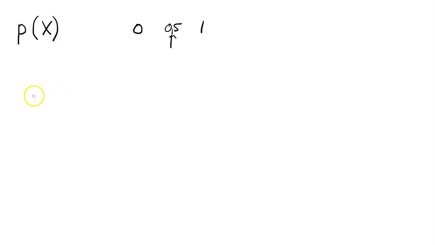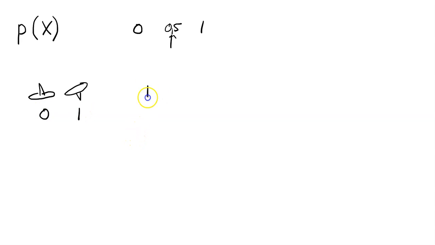So, for example, assume that we have a tack and we have thrown it many times. So we can have 2 outcomes here. We can have pin up, or we can have pin down. Let's call this outcome 0 and this 1.